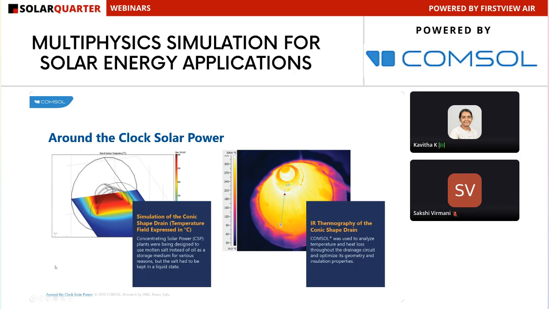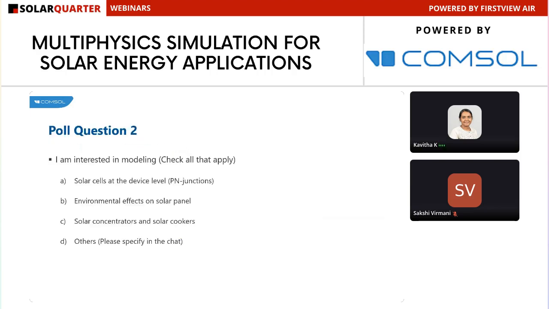So the two user stories that I presented here are from existing users. But today, I would like to know more about the interest areas of today's audience. So I would like to launch a poll question here. I would also request Sakshi to launch the poll question from her end.